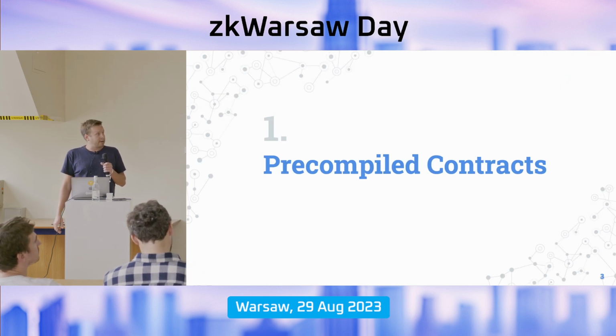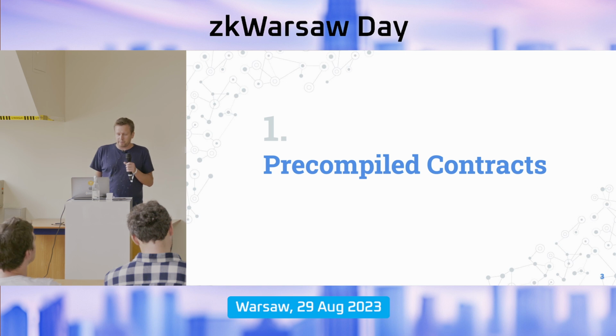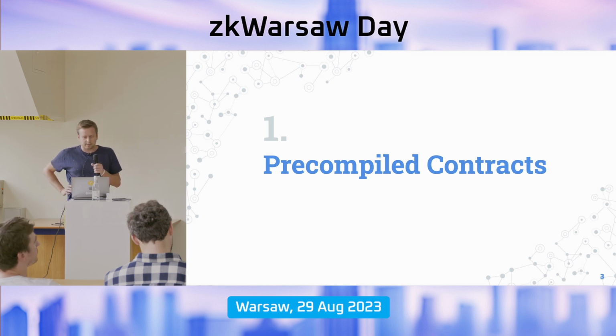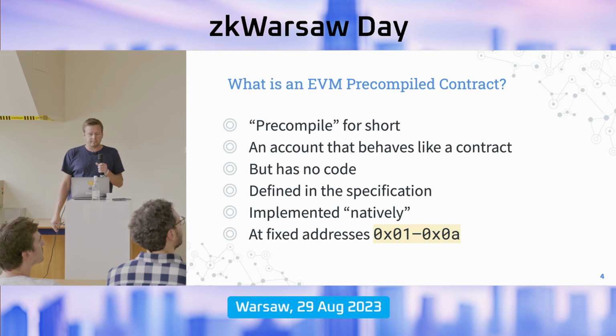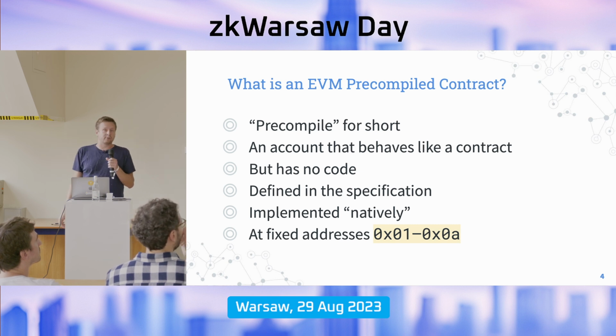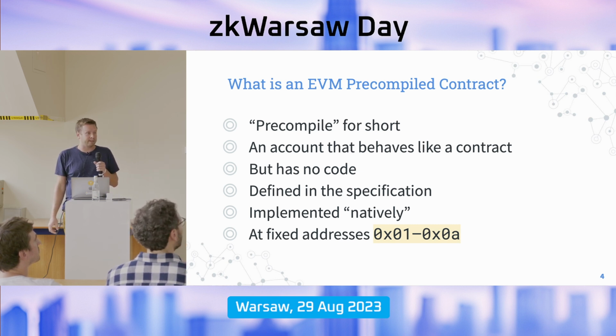But first, let's talk about what precompiled contracts are and why they are so important in Ethereum. A precompile is basically an account which works as a contract, but it doesn't have the bytecode.